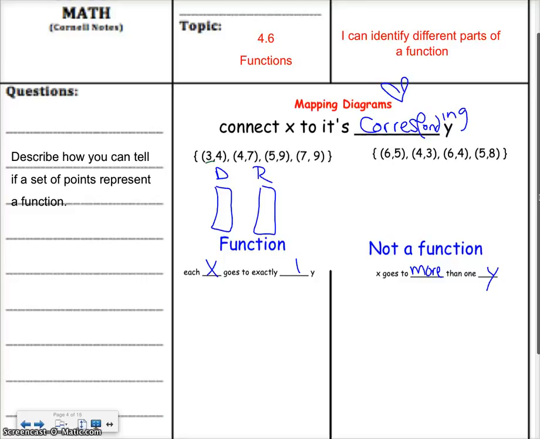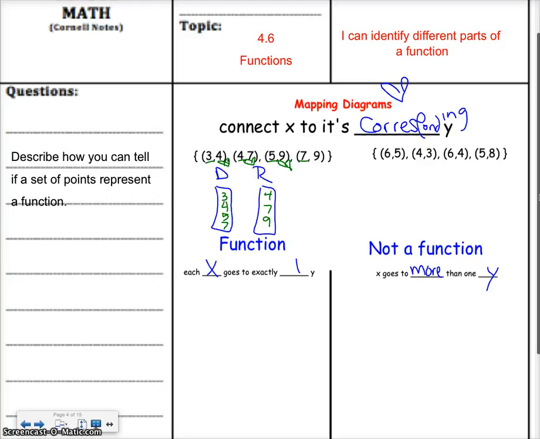I have a 3, a 4, a 5, and a 7. And then I write all my y's in the range. I have a 4, a 7, a 9, and then another 9. I already wrote a 9 down. I do not rewrite it.